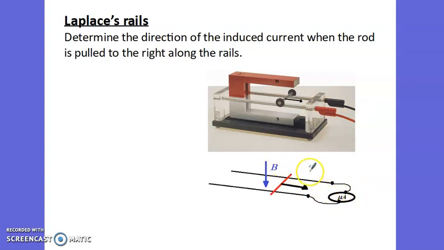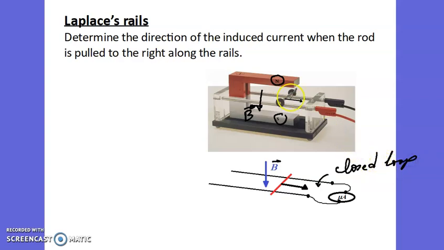So where is the closed area? Look at B. B is always from the N pole to the S pole, means downward. So this is B. Here is the closed circuit. Be careful, this is the closed circuit or closed loop.